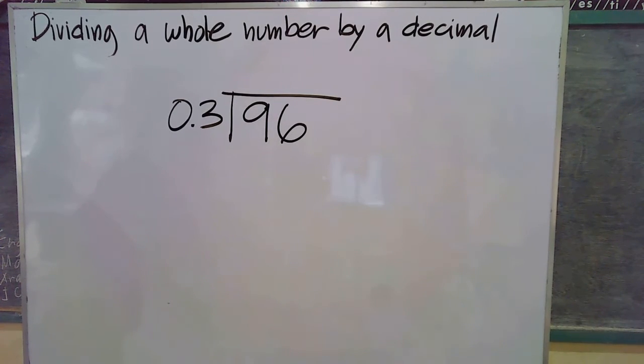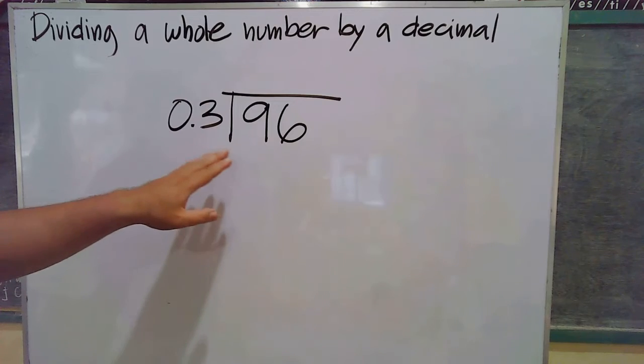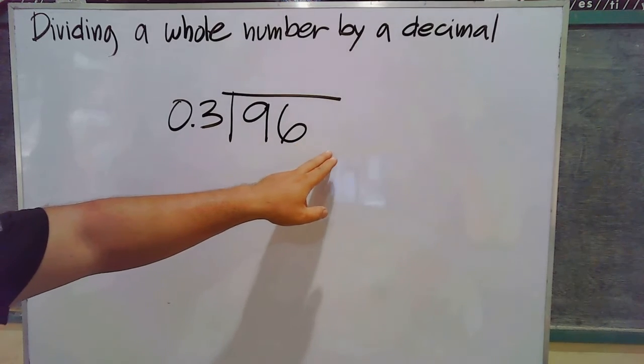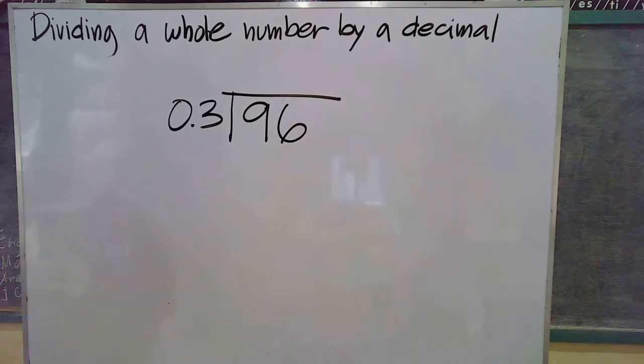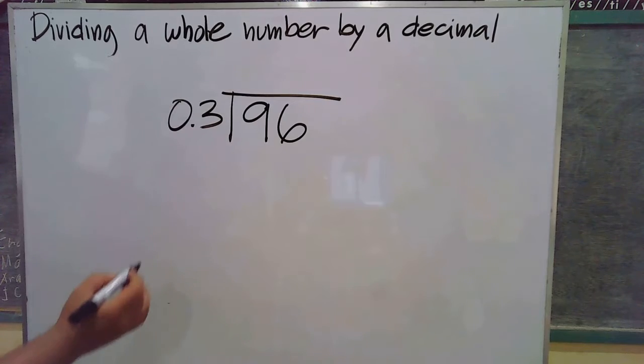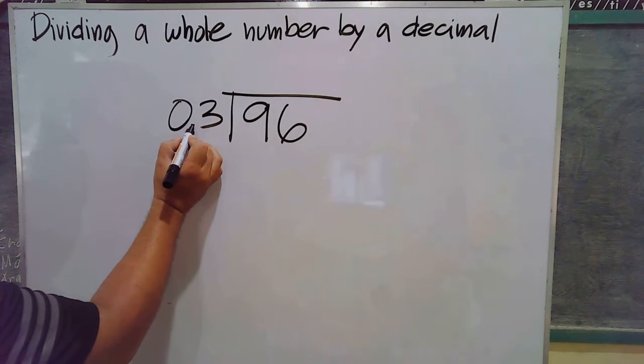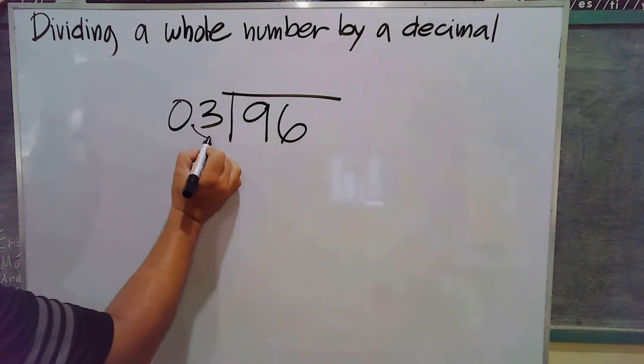Count the steps, and we're going to add zeros here too. We transfer the decimal point here too, depending on the steps that we used here. To make this a whole number, we only need one step.